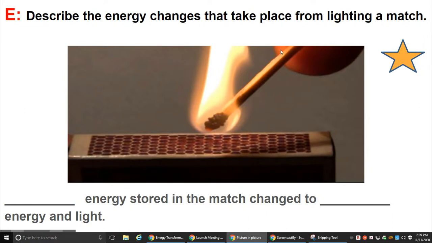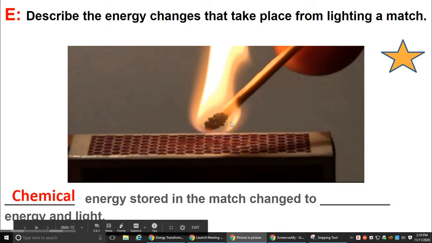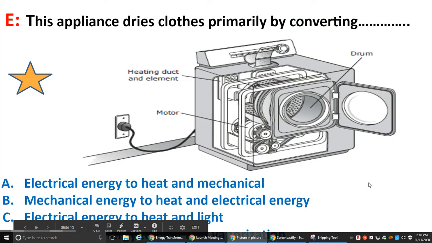Exit questions. These are all STAR test questions. Describe the energy change that takes place from lighting a match. So here we have chemical energy stored in the match is changed into thermal energy, which is heat, and then light.